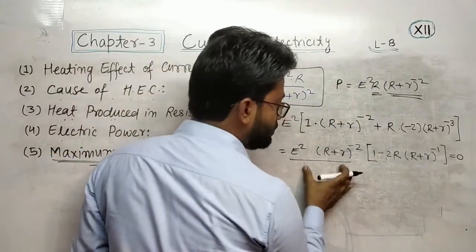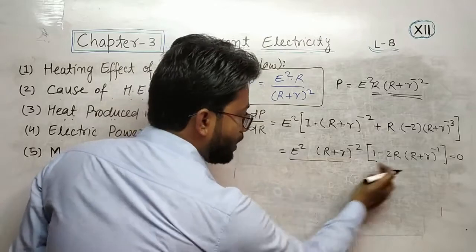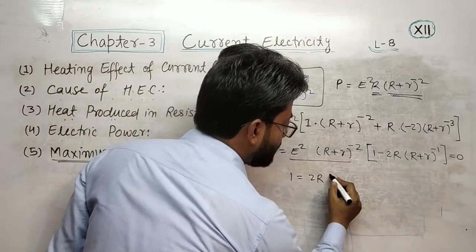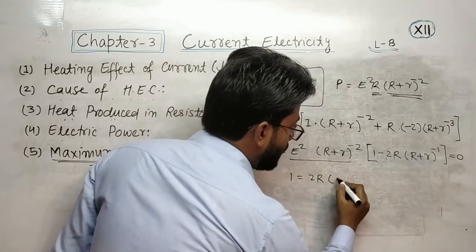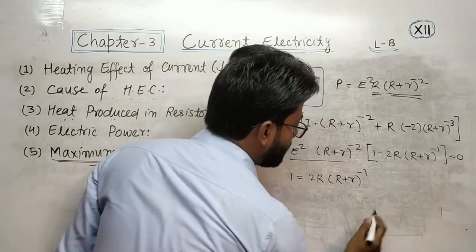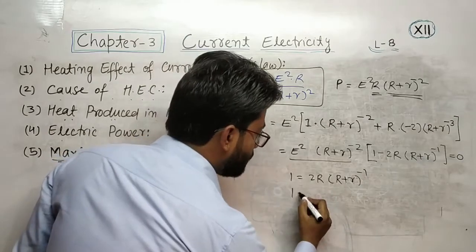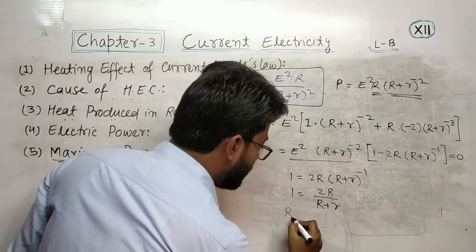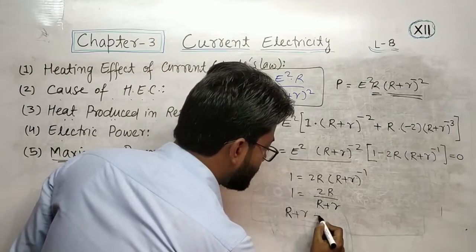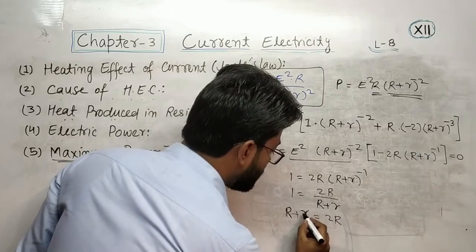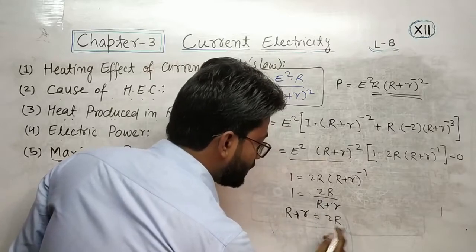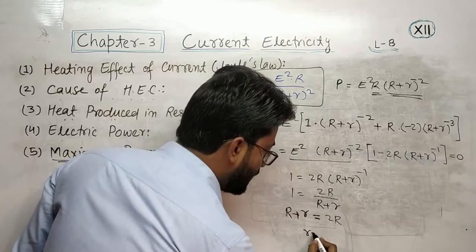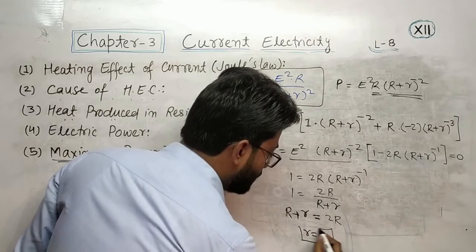This is all positive, you can divide this and you can replace: 1 is equals to 2R upon (R plus r). You can multiply: R plus r is equals to 2R, and transfer it to that side, you will get r is equals to R.